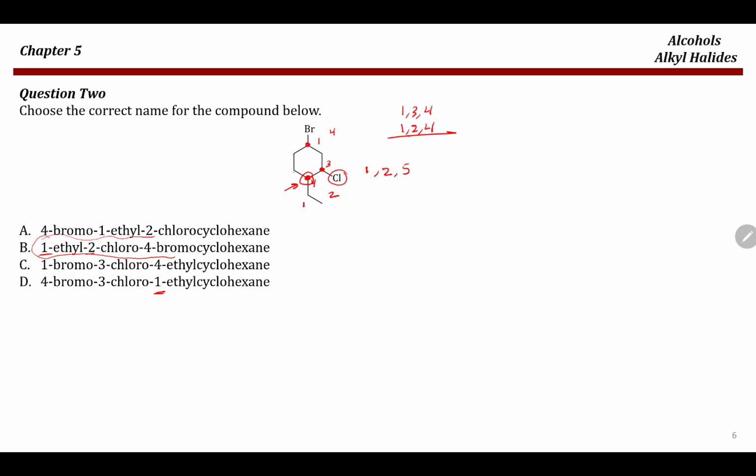So the correct name will in reality be 4-bromo, 2-chloro, 1-ethyl cyclohexane. So none of these choices is correct because here they have a problem with the alphabetical order, and in these two cases, the numbers are incorrect.